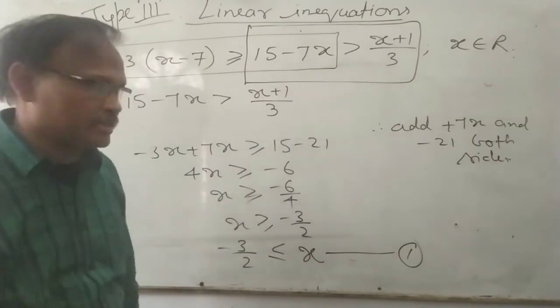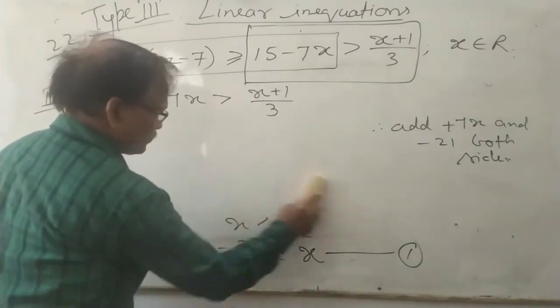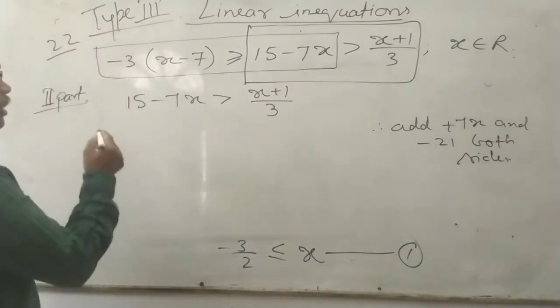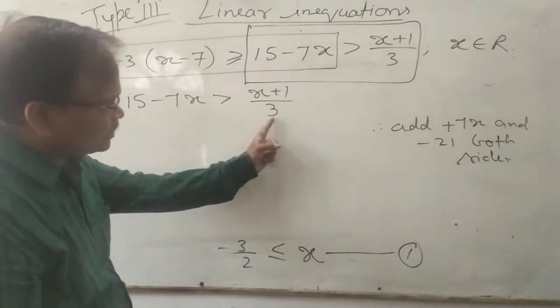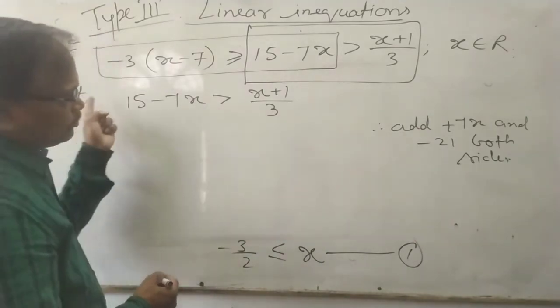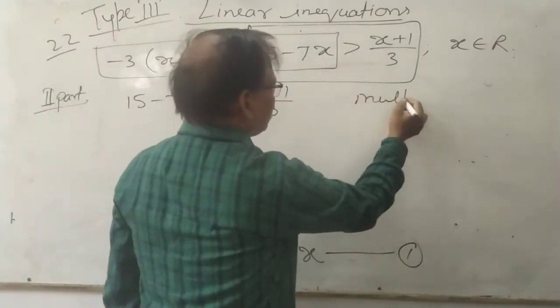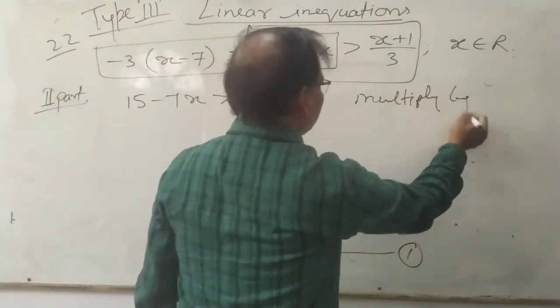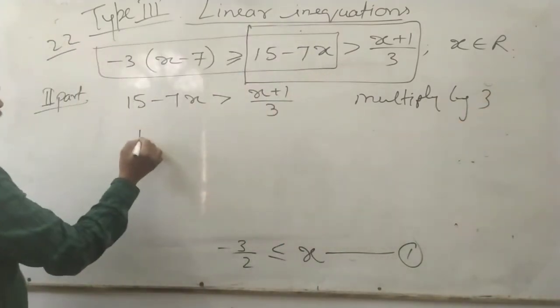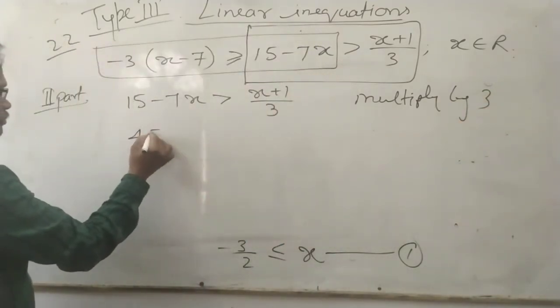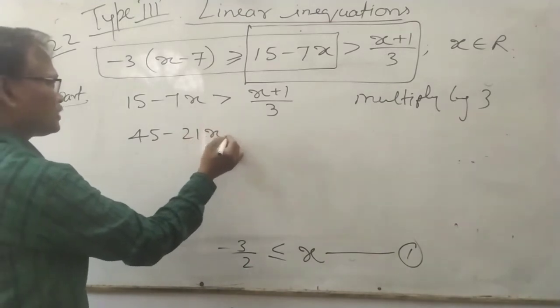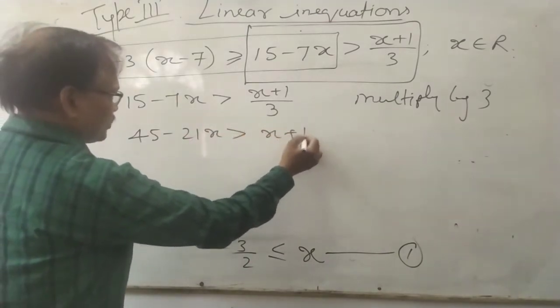Now simplify as usual. So how to simplify? This is a fraction, so multiply by 3 on all sides. So 45 minus 21x is greater than x plus 1.